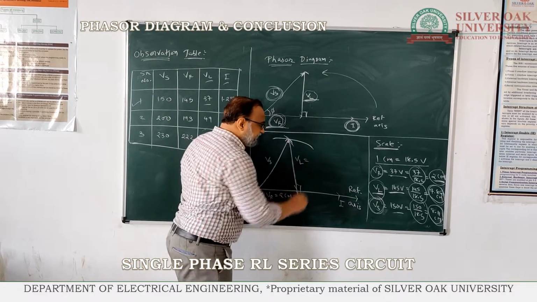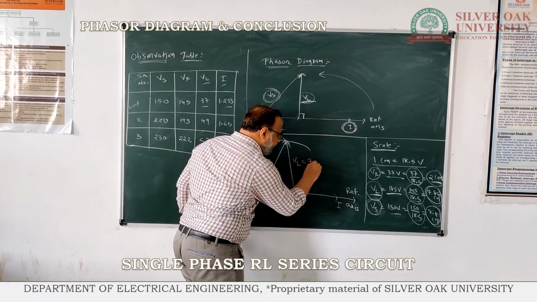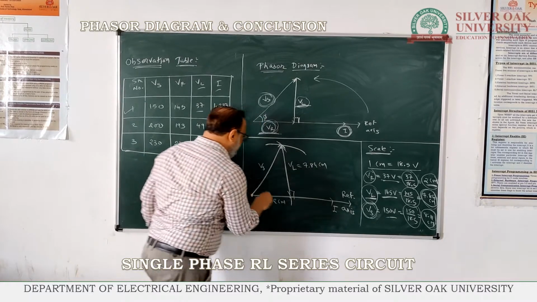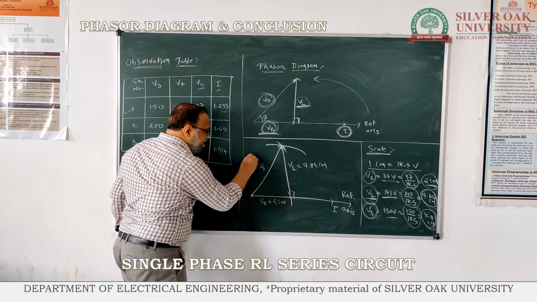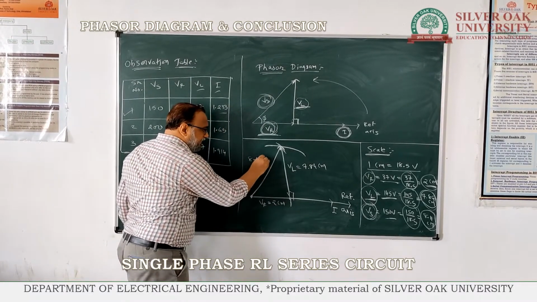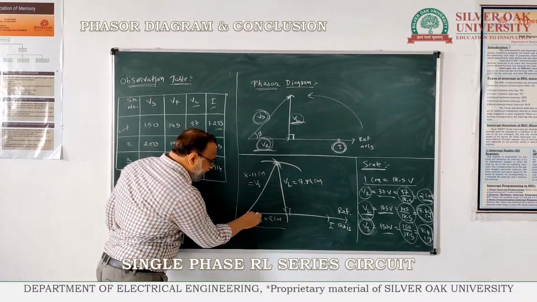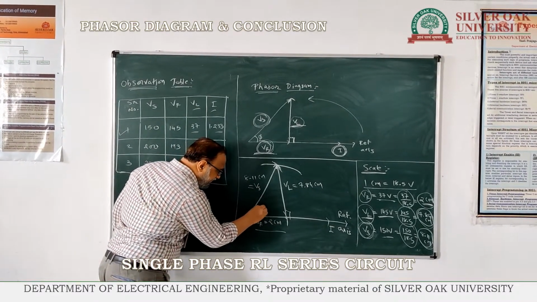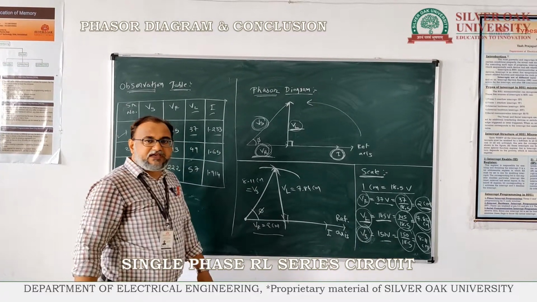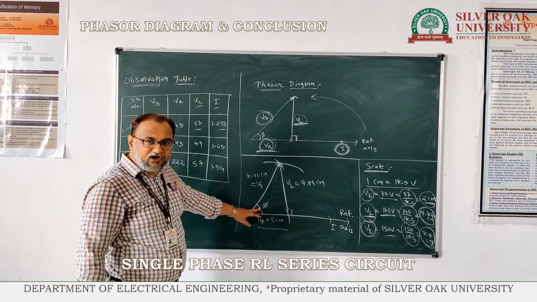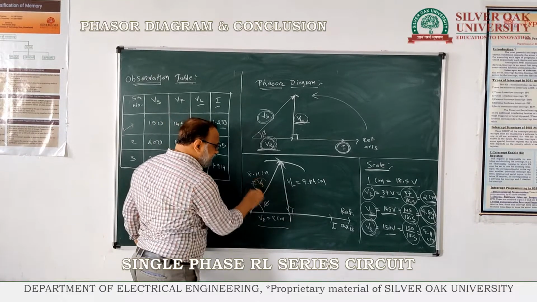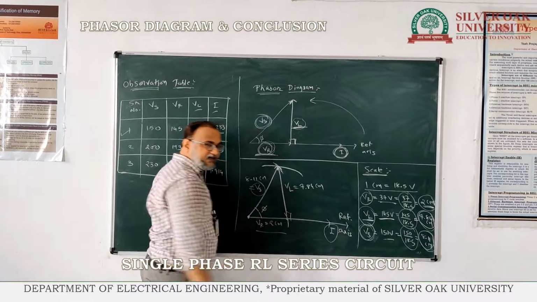We know this arc is 7.84 centimeter, the arc of the supply voltage is 8.11 centimeter, and the other is 2 centimeter. If you measure this angle, it gives you the phase angle, which is the angle between the supply voltage and the circuit current.